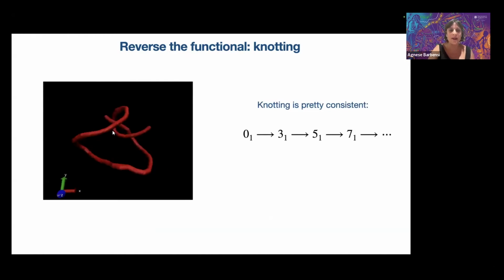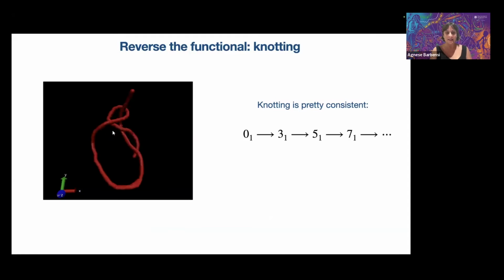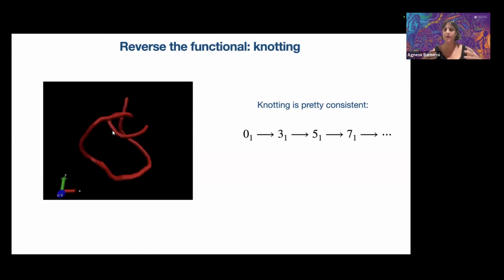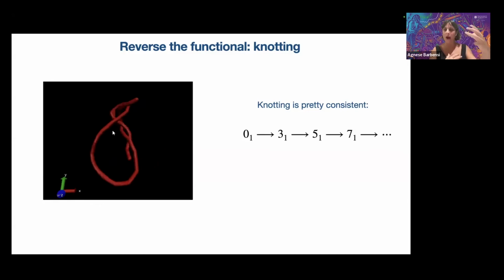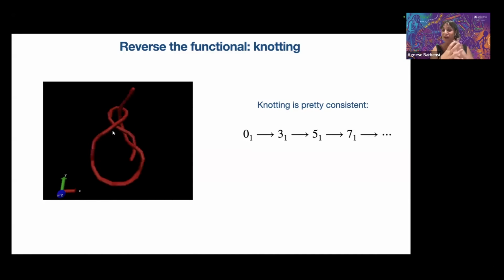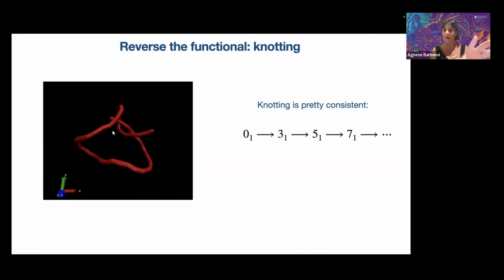And we ran a few experiments, and we were initially quite surprised to note that knotting was pretty consistent. In this experiment, we would start from unknotted configurations and let them move randomly until something with non-trivial average unraveling number was found.